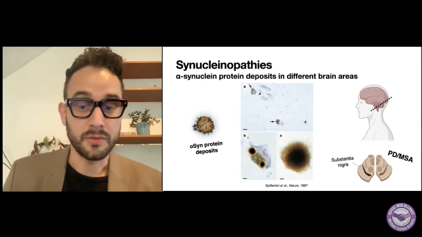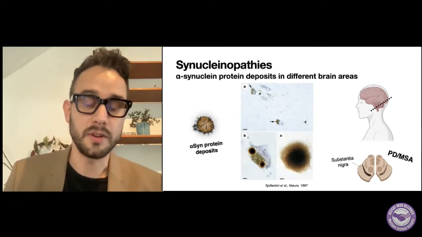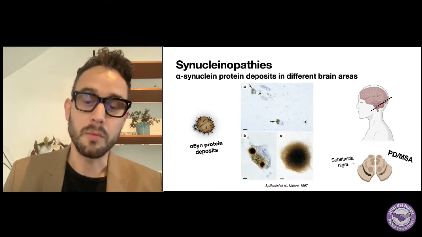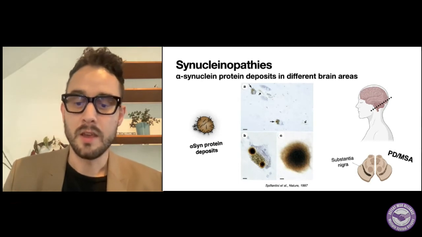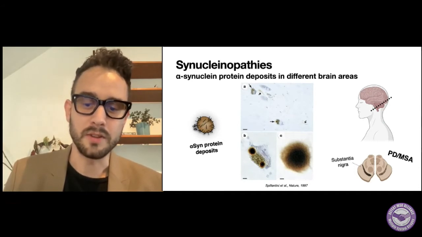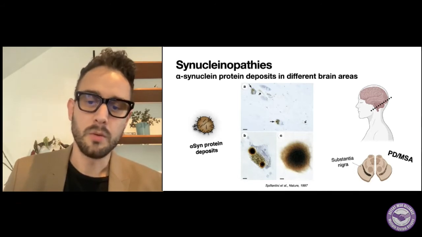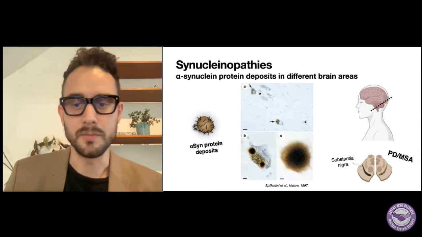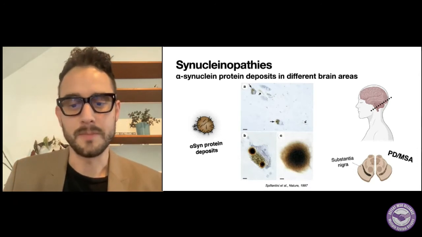This was also described in the substantia nigra, a brain region that I will talk about more in some of the next slides. In Parkinson's and multiple system atrophy, you'll find that these pigmented neurons start to disappear and degenerate over time, which will then lead to the typical symptoms of both diseases.